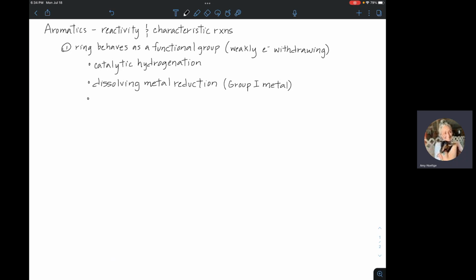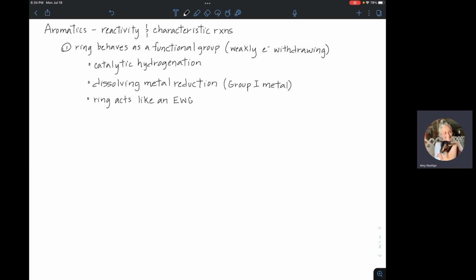And I'll show you the mechanism, or the proposed mechanism anyway, for how we think that behaves. And then I guess, of course, we could think of the ring itself. If it's on like another parent, it will act like a weak electron withdrawing group.